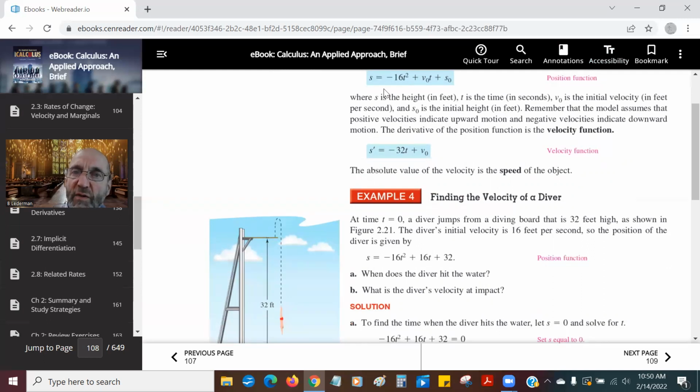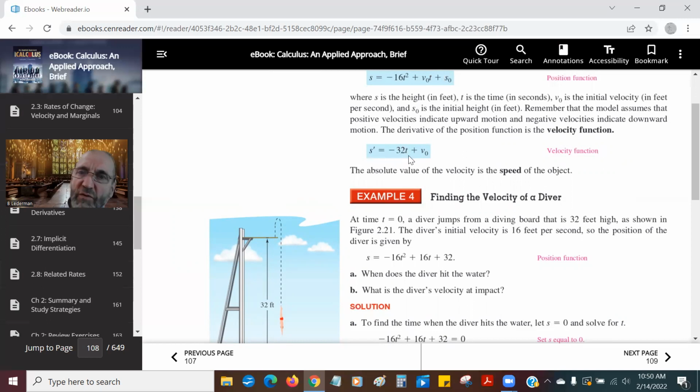Now the derivative is negative 32t plus v0. The derivative of velocity, by the way, is what we call acceleration. But I'm sorry, I take it back. S here is a position function. The derivative of position is velocity.